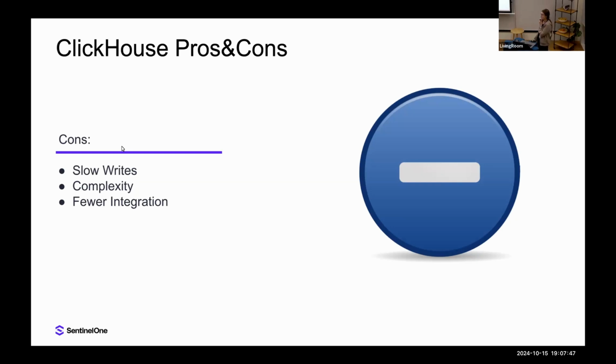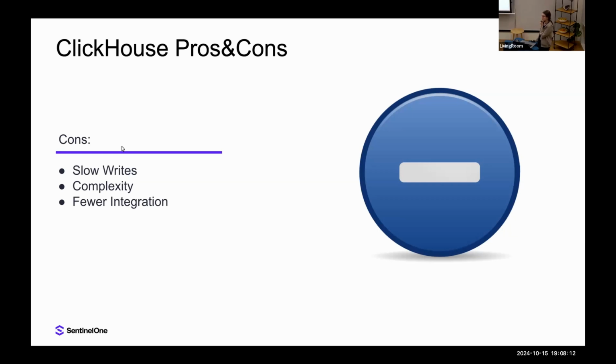Also, complexity is another thing because it's not your classical relational database. And if you would like to go more in depth into the more advanced features of ClickHouse, it might be a little bit complex. Of course, there is documentation, but you still have to spend quite some time figuring out how the advanced features work.